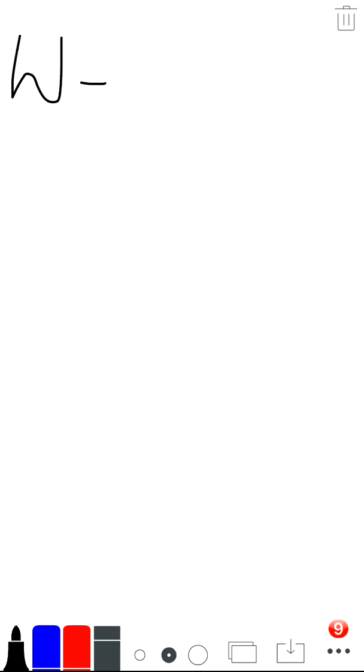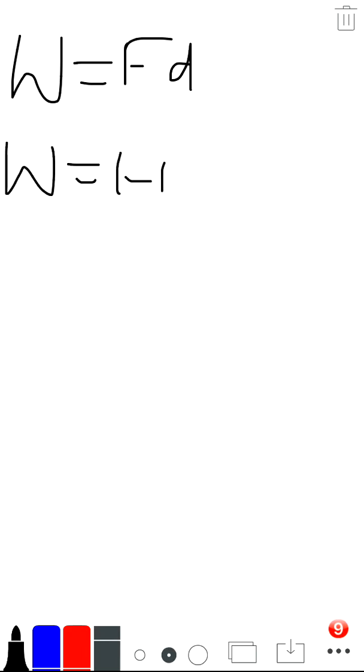Alright, so like we said, we're going to have work is equal to force times distance. Now the work has a vector, as does force, so we know that this frictional force impedes motion. So it's a negative 1.54 newtons.